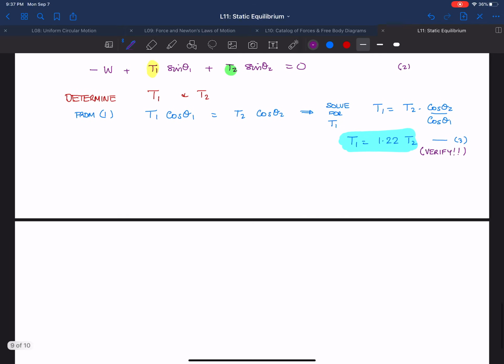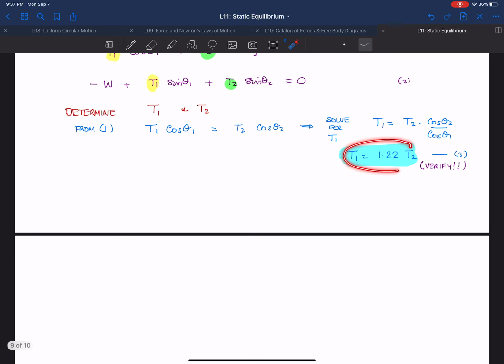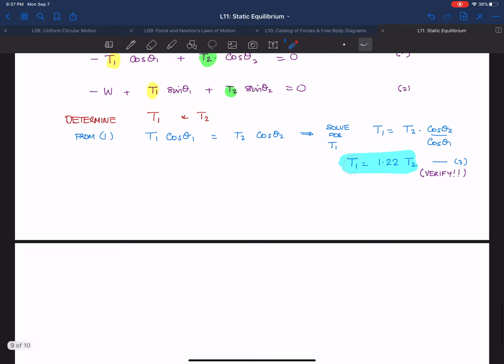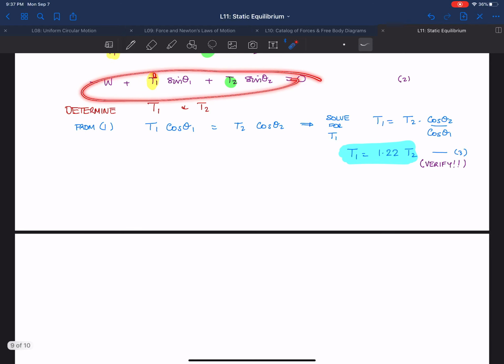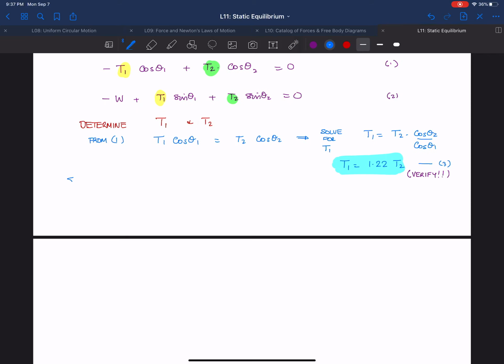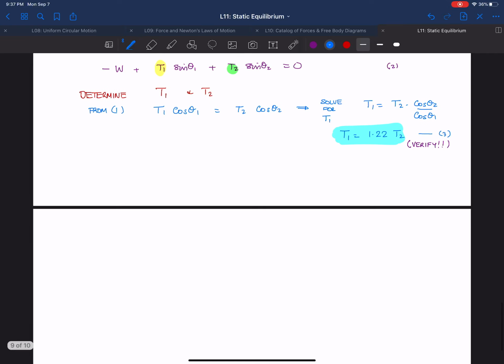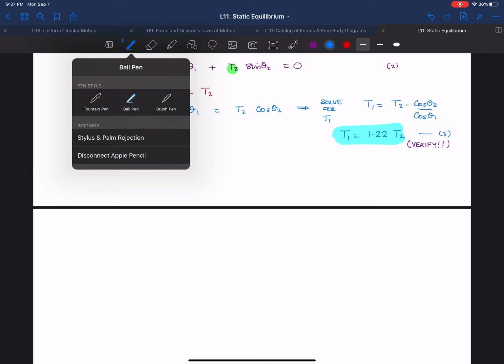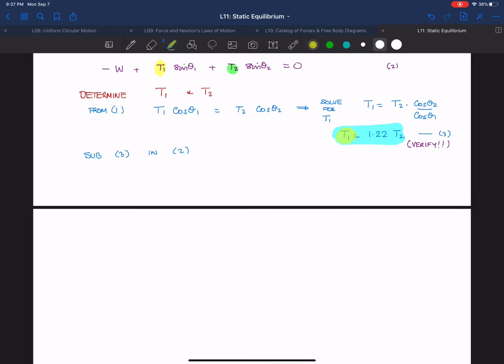So we have solved T1 in terms of T2. Now what are we going to do? Wherever we see T1 in the second equation, I'm going to plug in equation 3. So substitute 3 in 2.